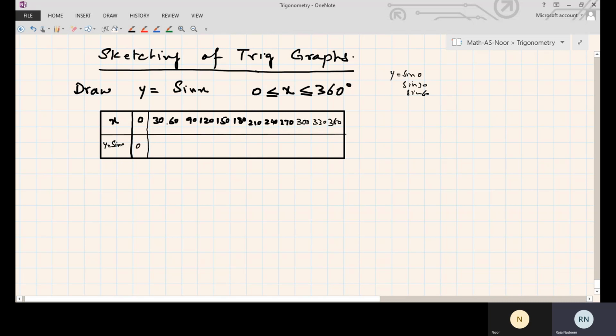Sine of 0 will give you 0, 0.5, 0.8, 1, 120 is in the second quadrant, so 0.8, 0.5, 0, and minus 0.5, minus 0.8, minus 1, 300, 300 is 60, minus 0.8, minus 0.5, and 0. This is it.